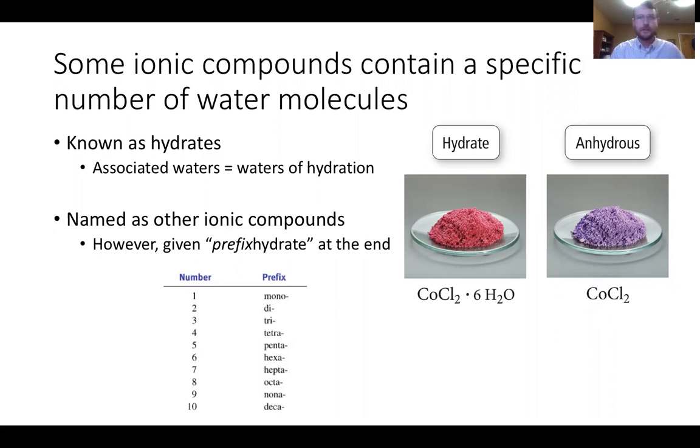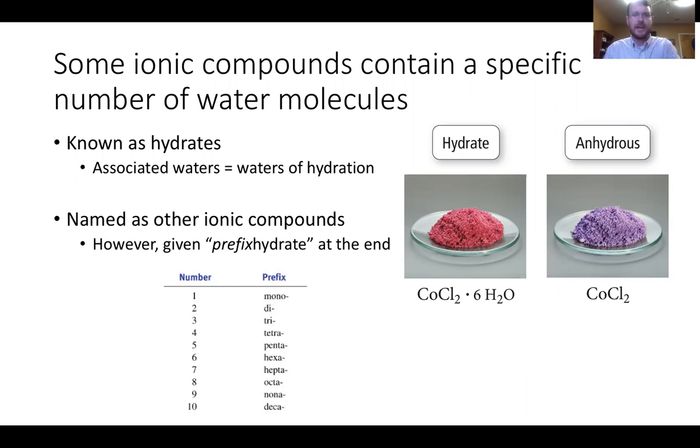Some ionic compounds contain a specific number of water molecules. These water molecules just kind of surround the ionic bond. They're known as waters of hydration, or hydrates. They're named as other ionic compounds. However, they're given the prefix, whatever number there is, hydrate at the end.